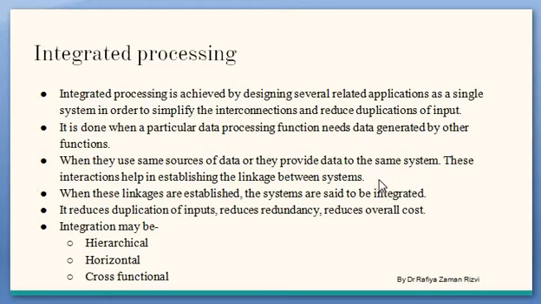So this is what integration means: when we include all the things that are working under a system into one, or we link them with each other. It reduces duplication of inputs, reduces redundancy, and reduces overall cost.